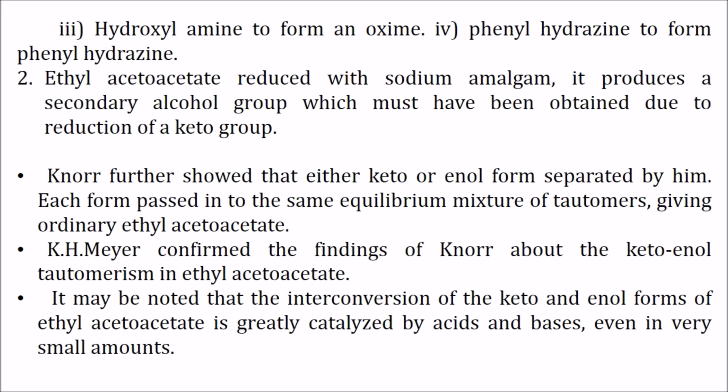The scientist K.H. Meyer also confirmed Knorr's finding about the keto-enol tautomerism in ethyl acetoacetate. It may be noted that the interconversion of the keto and enol forms of ethyl acetoacetate is greatly catalyzed by acids and bases, even in a very small amount.